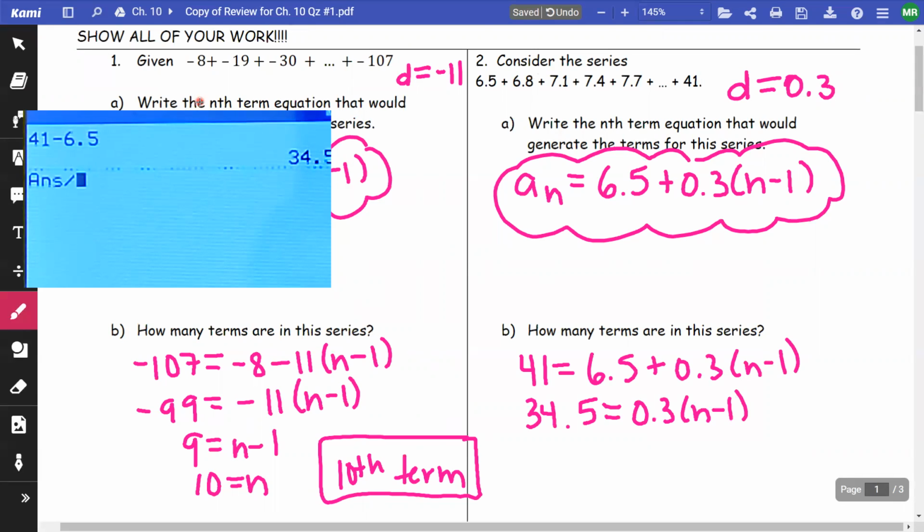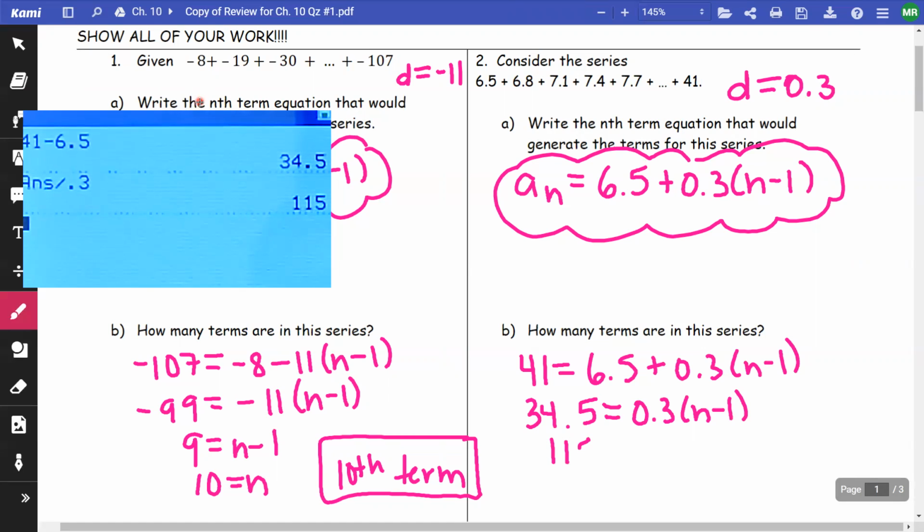I'm going to divide by 0.3, and I get 115 is equal to n minus 1. Then I'm going to add 1, and I get 116 is equal to n. So it's my 116th term.